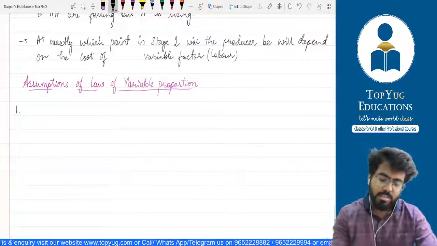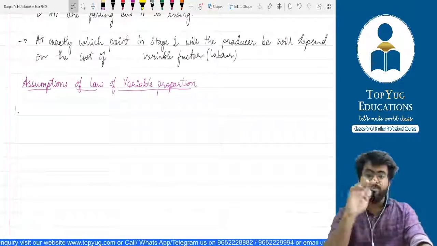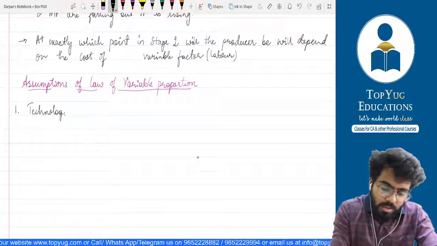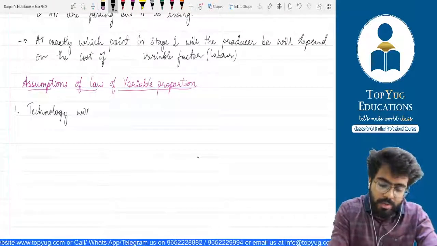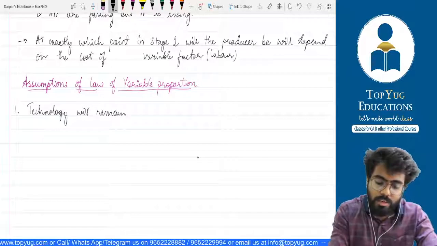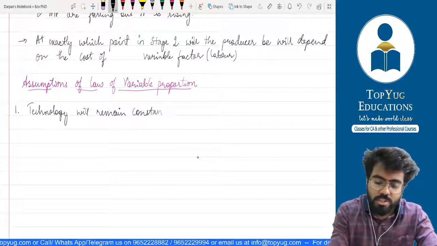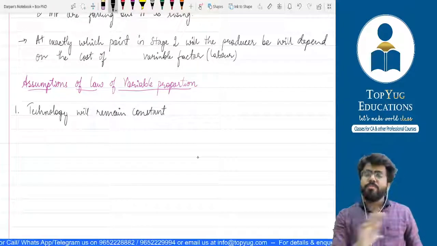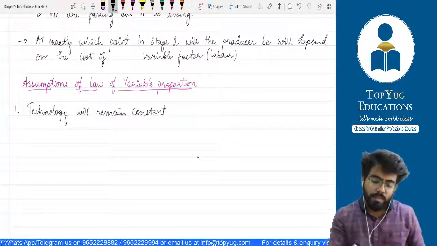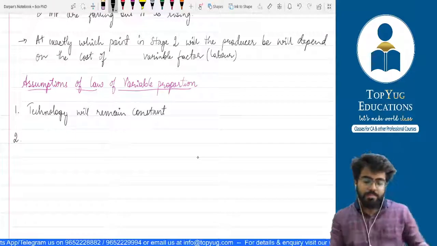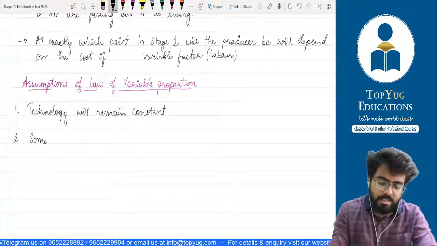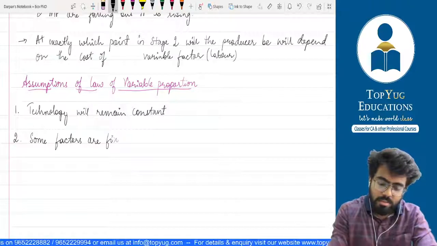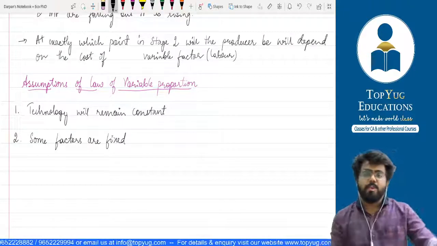So the first assumption, which was the assumption in the production function also, is that the technology will remain constant. Correct? The technology will not change. The technology cannot be a variable factor. Technology will definitely remain constant. Second, some factors are fixed. Correct? All factors cannot be variable.